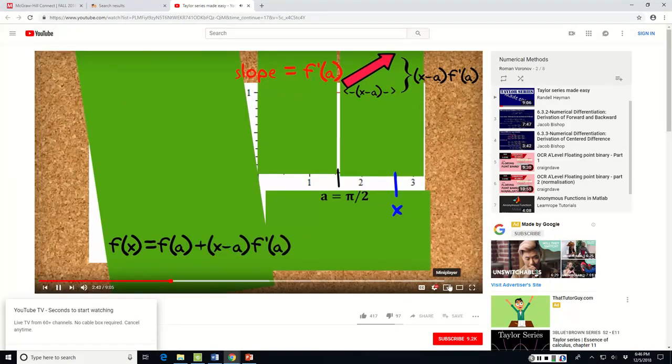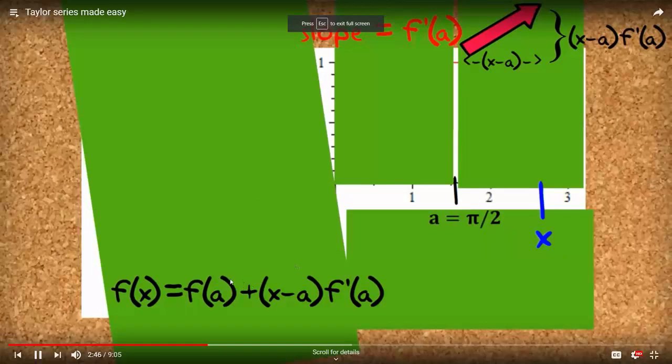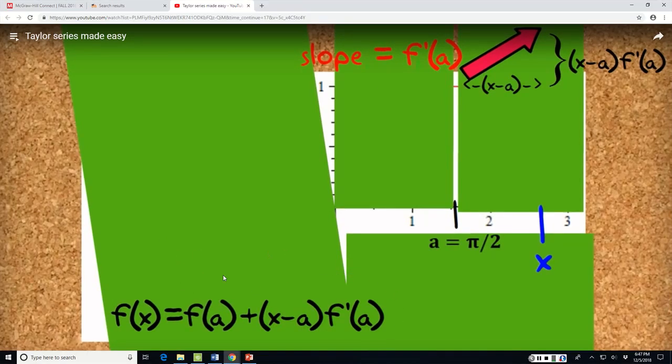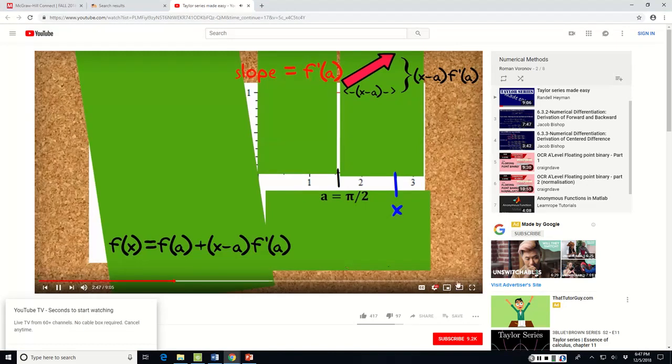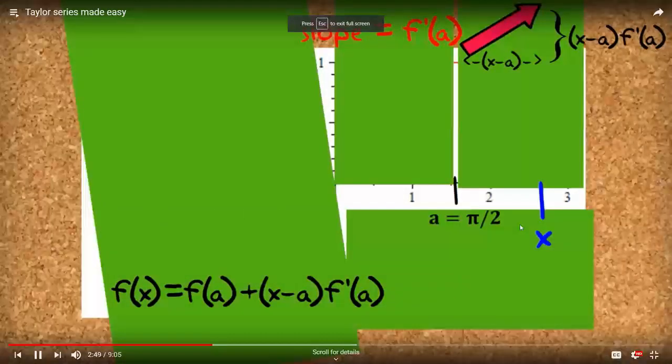So at this point we've got f of x equals f of a plus x. And this gives you the second term of the Taylor series. So this is the second term, and this is the first term. x minus a times the derivative of f at a.